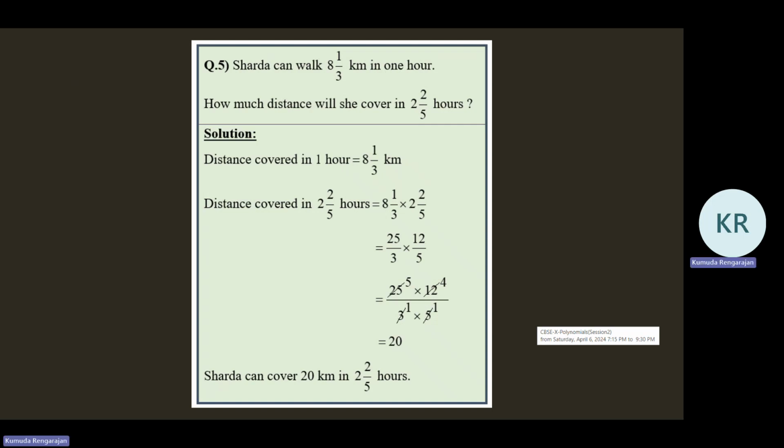So I got 16. Oh, yeah, you got it actually. Just change this. This becomes 5. So 5 fours are 20. You got it right. Very good.